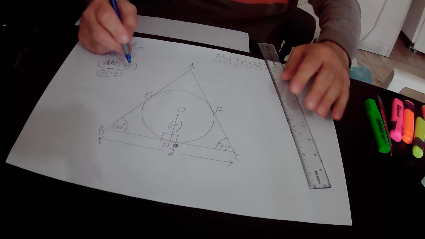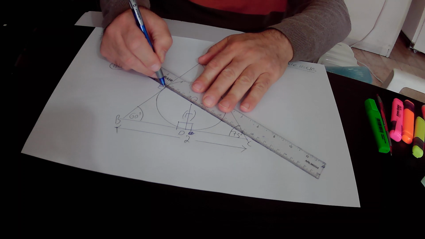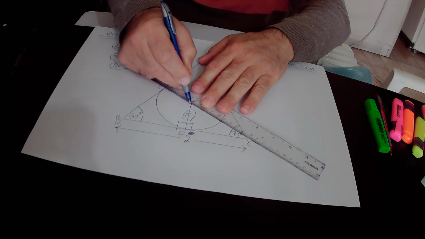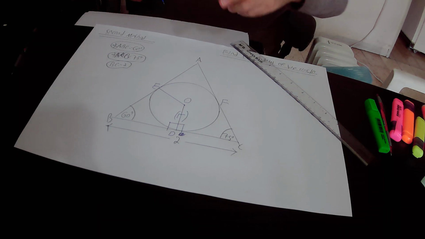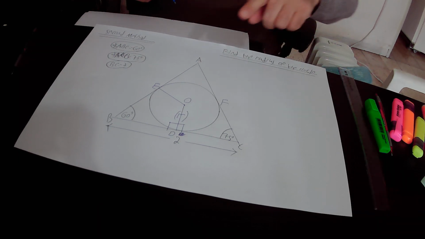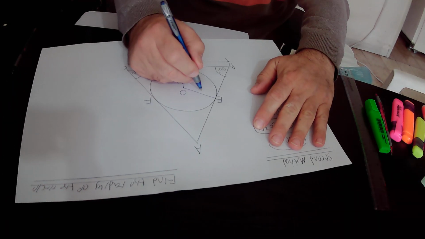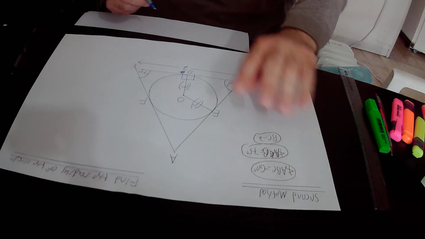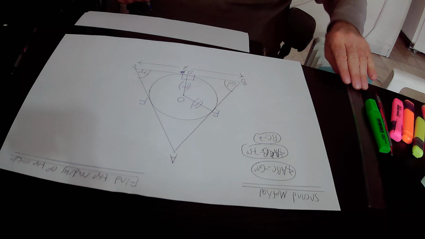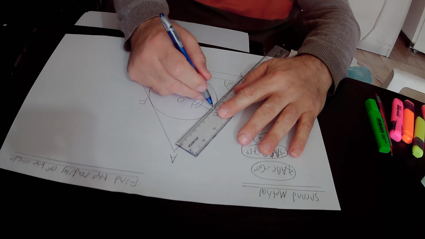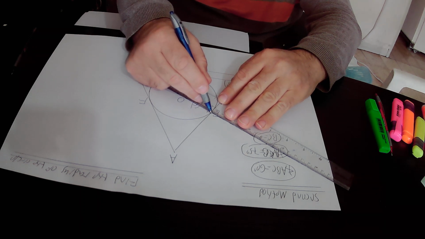Likewise, we join points O and E together by a straight line. OE is the radius of this circle that is equal to R. Again, we have here the radius OE that is drawn to point E, therefore according to rule number 1, this angle will be equal to 90 degrees, and this angle also equals 90 degrees.